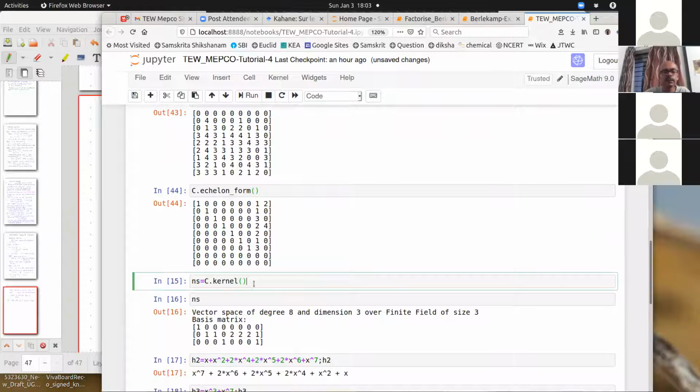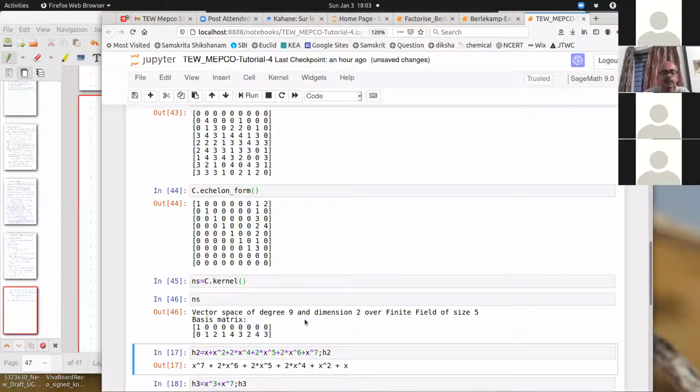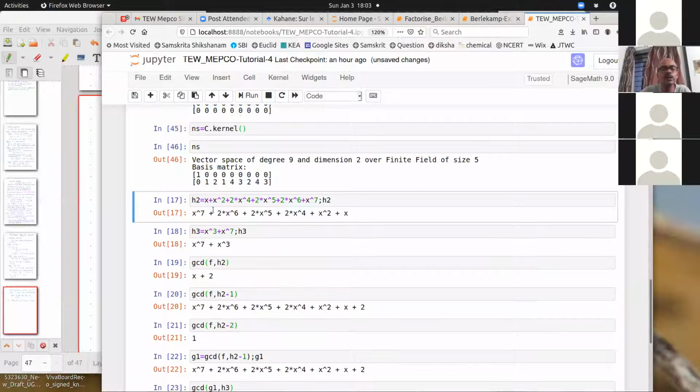So let's look at that. We have only h2. Let's quickly write it, we're running out of time. Now h3, just writing the polynomial corresponding to the second vector.